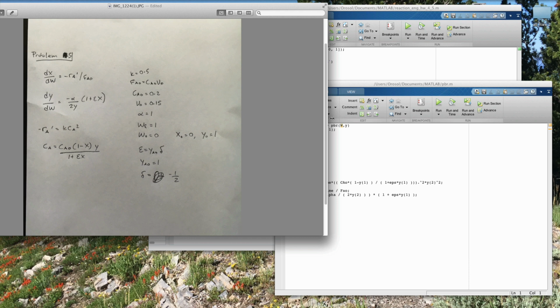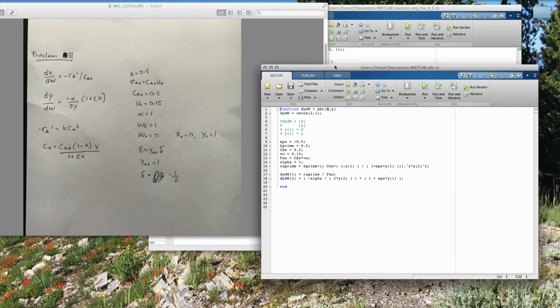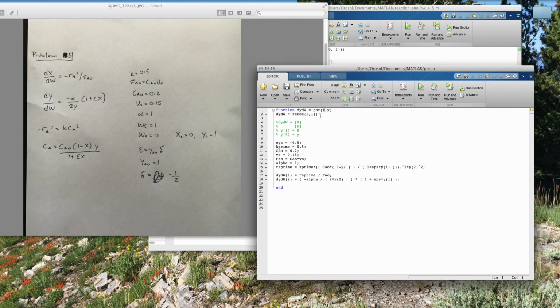Just to go through this real quick, the first thing you would need to do is write a function that calculates the right-hand side of your equation. So that's this, it should calculate this side.